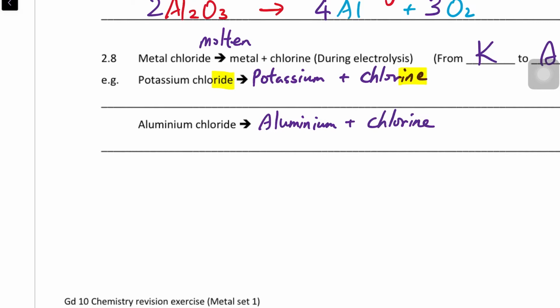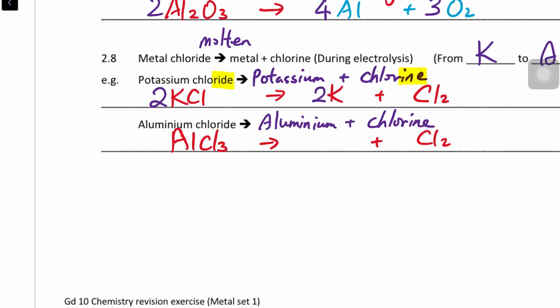Next we need to balance the equation. It's KCl and AlCl3. But because chlorine is a diatomic molecule, just like oxygen, O2, N2, whatever, this time it is Cl2 and Cl2. So we should do something to balance. Here we need 2 KCl, and the result is we got 2 potassium and 1 chlorine molecule.